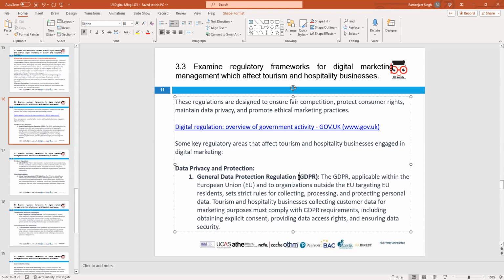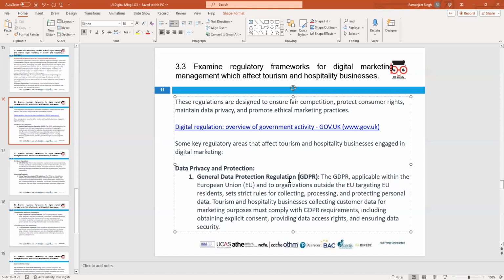They were taken to court for making misuse of people's information under the GDPR. They broke the law, so therefore they were sued and taken to court.